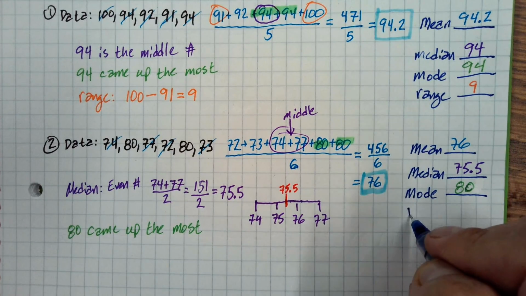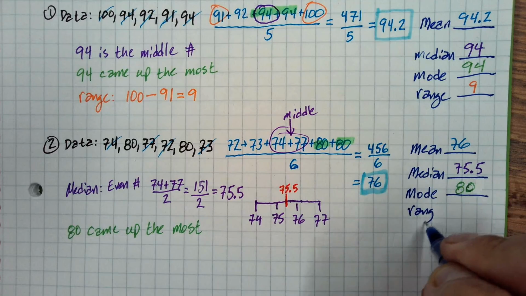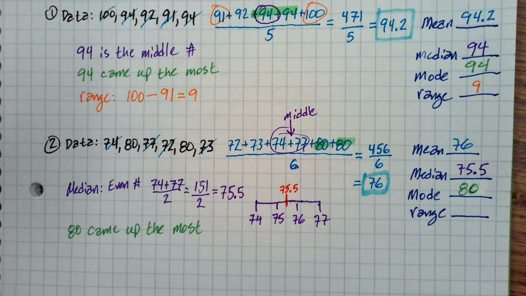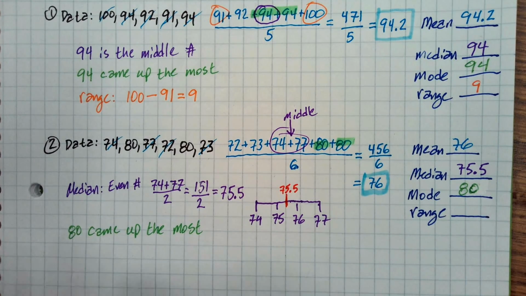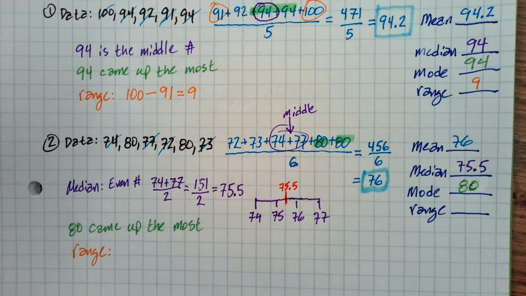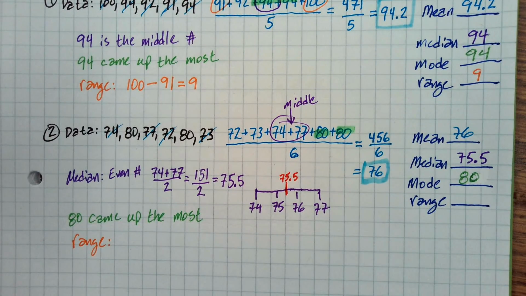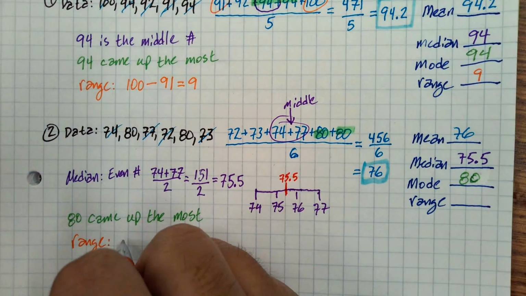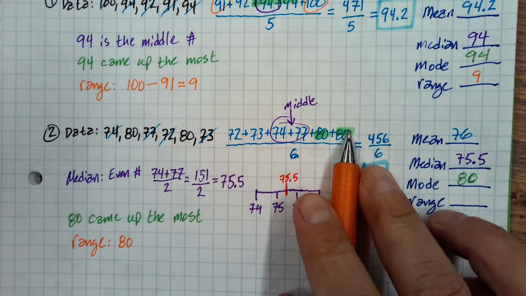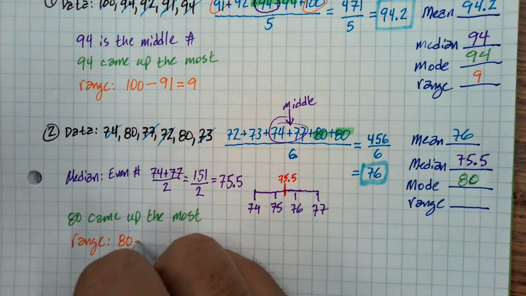Let's find the range. What do I have to find the difference of to find the range? So 80 take away 72.